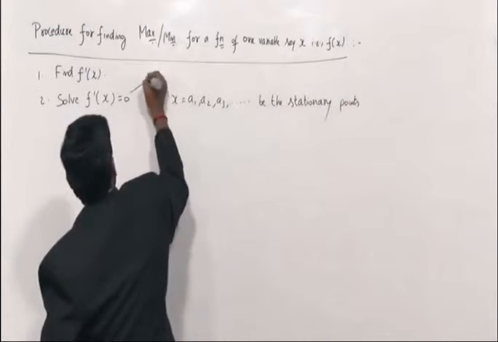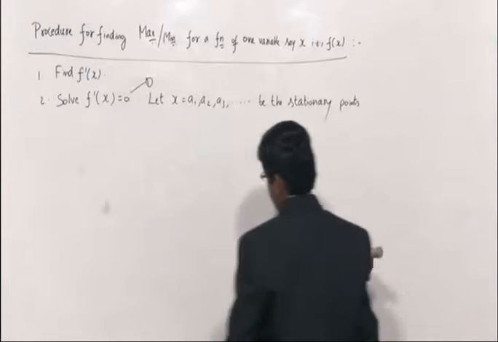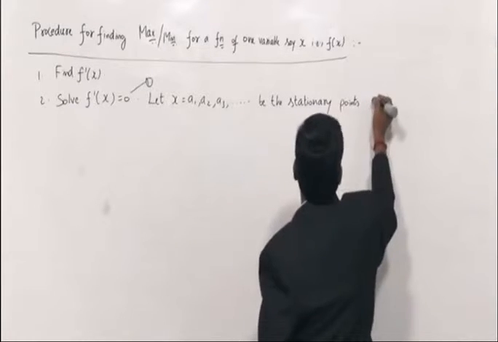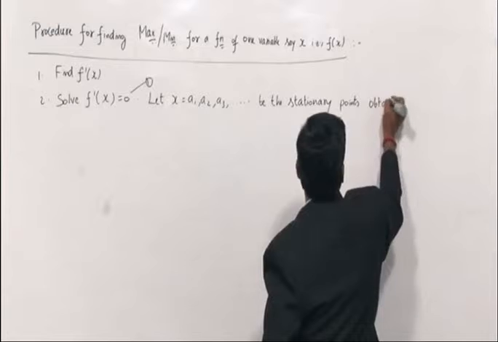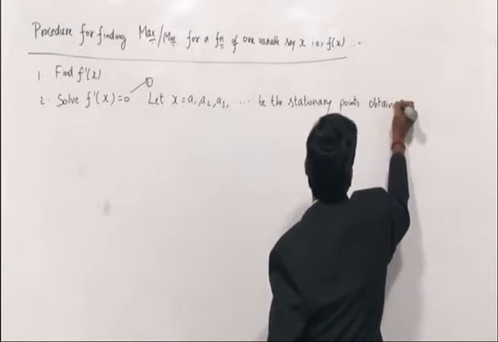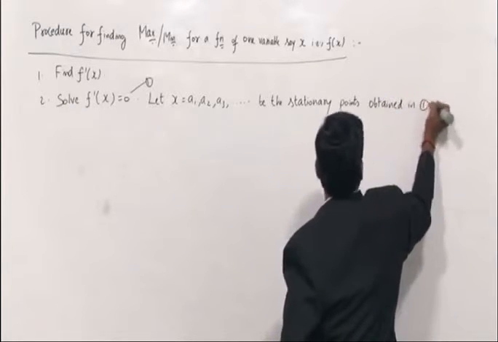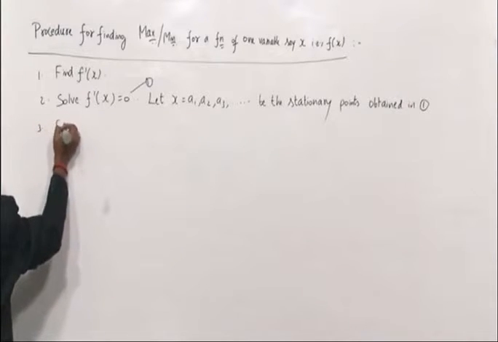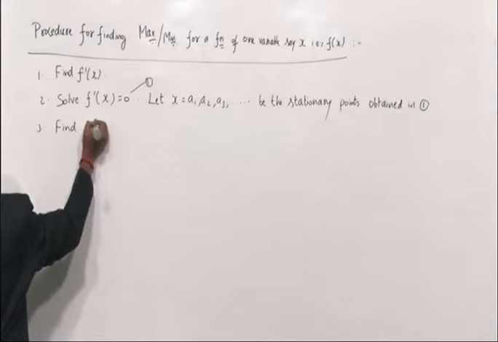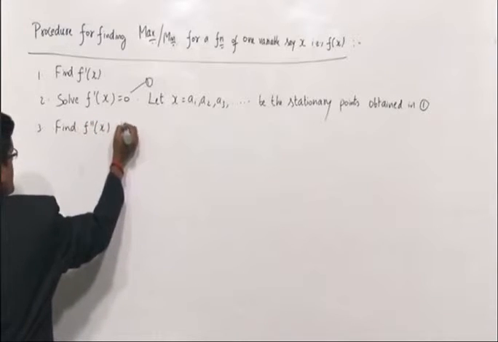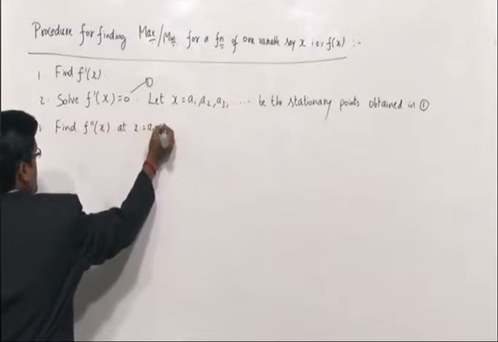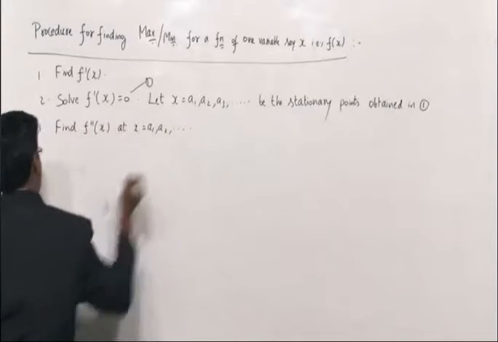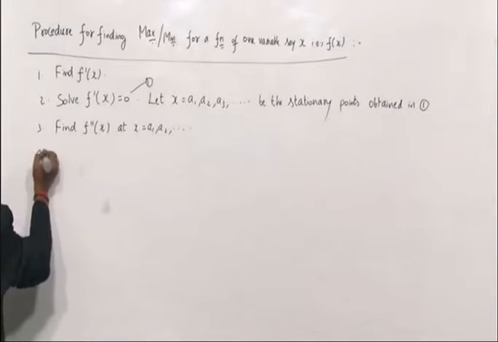Let us say this is equation 1. f dash x equal to 0 is equation 1, with the stationary points obtained in 1. Step 3. Find f double dash x at x is equal to a1, a2, etc. Find the second derivative. Step 4.